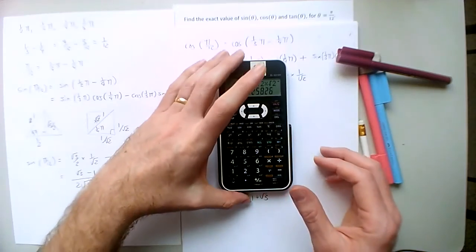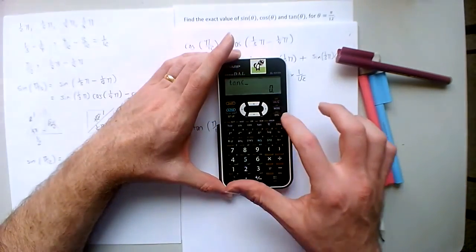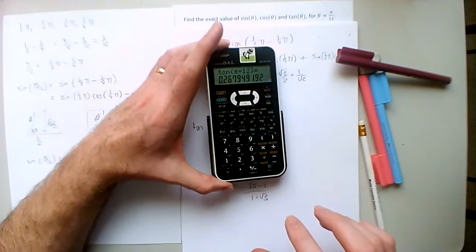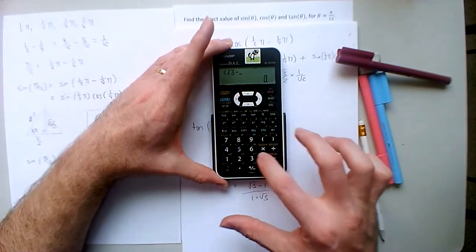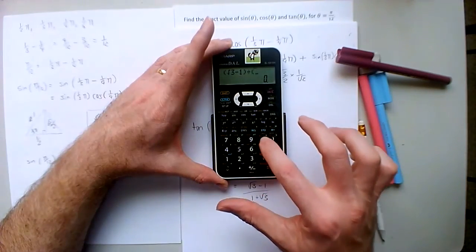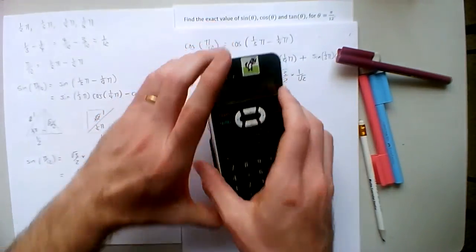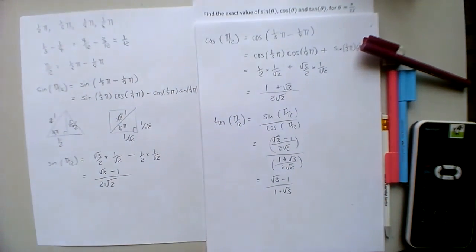Okay, so the tan should be correct then, but I'll just check it. Tan of pi divided by 12 is 0.2679, and square root of 3 minus 1 divided by square root of 3 plus 1 is 0.2679. Okay, well, I think that they must be pretty good for the exact answers.